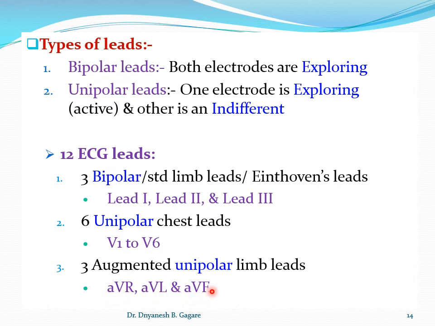We'll see in detail, but here we connect the exploring electrode to the limbs. When the exploring electrode is connected to the right arm, R for right arm, it is called AVR. If it is connected to the left arm, L for left arm, it is called AVL. And if it is connected to the left foot, F for foot, then it is called AVF. Again we'll come there.